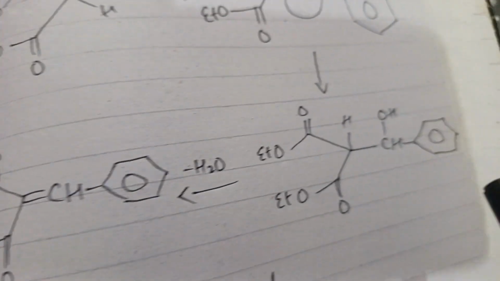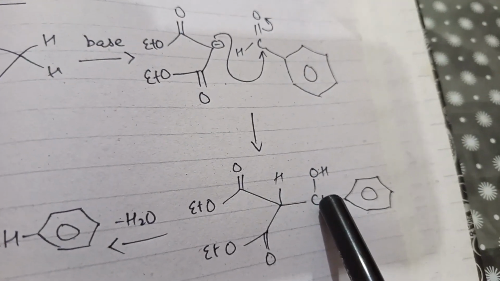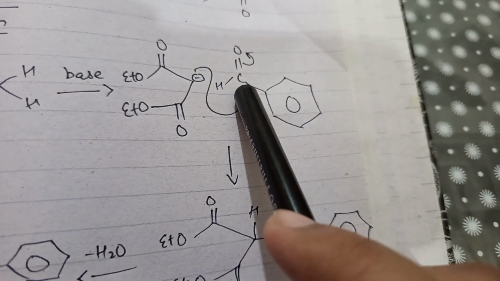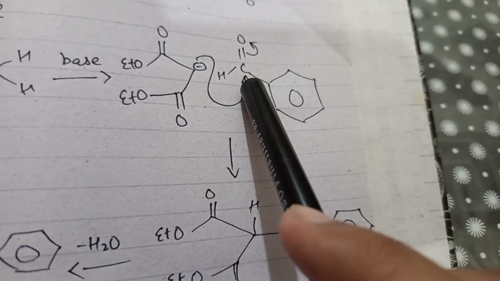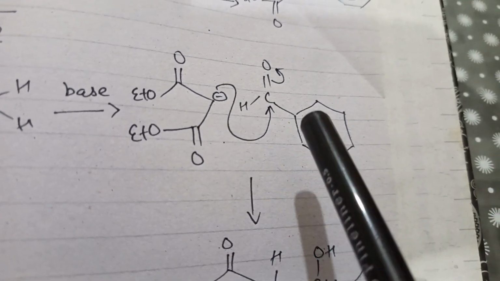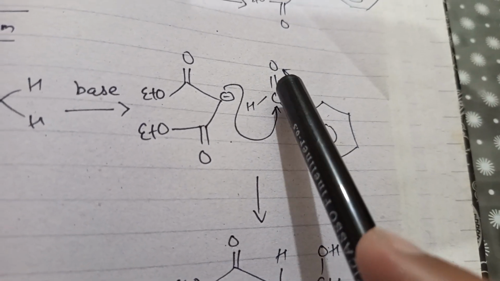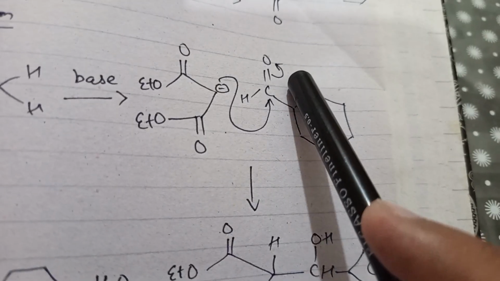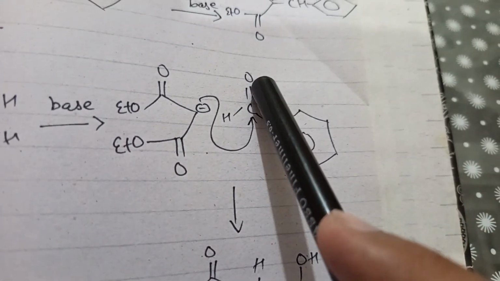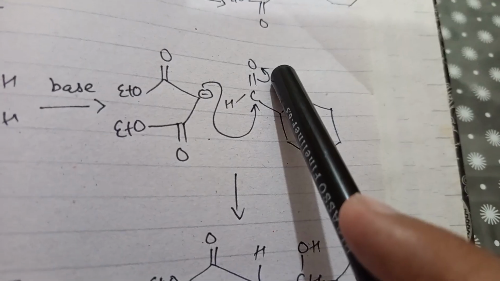So here you can see that when this carbanion attacks this electrophilic carbon of this benzaldehyde, it will form a tetrahedral alkoxide ion, meaning one of these bonds will break and it will shift onto this oxygen, then it will be protonated.